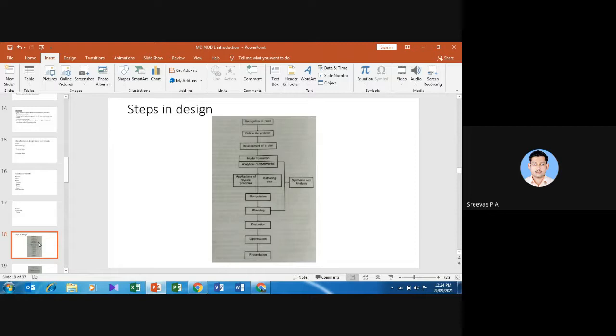Anyone can come. And in the second part, we will study combined stresses, with numerical problems. What will be the stress induced when a shaft is rotating, and along with the rotation, if some other element is there, what will be the combined stress?